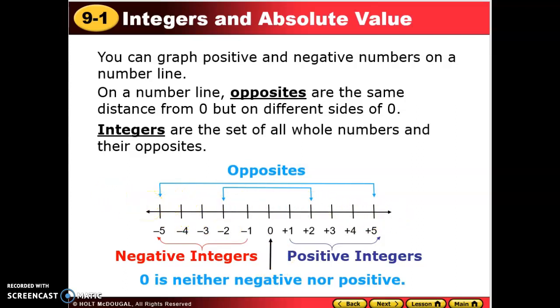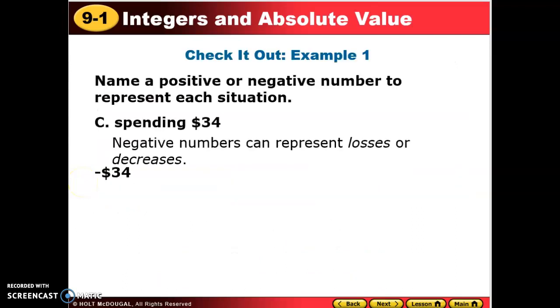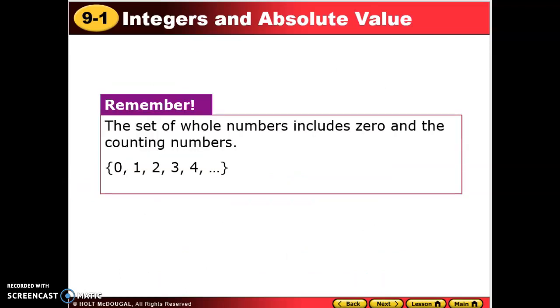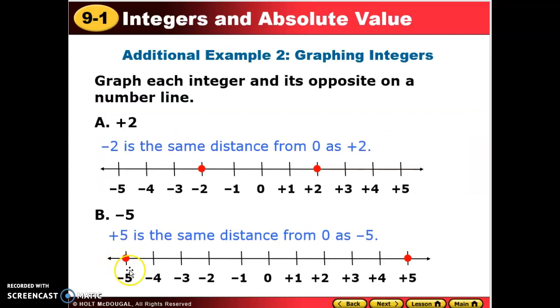Okay, so we have opposites. All right, so then remember, the set of whole numbers includes 0 and the counting numbers. Okay, and then these are already plotted for you, but it says graph each integer and its opposite on the number line.